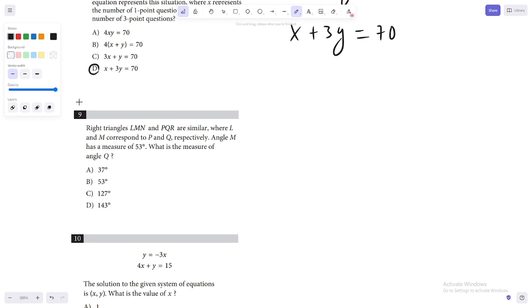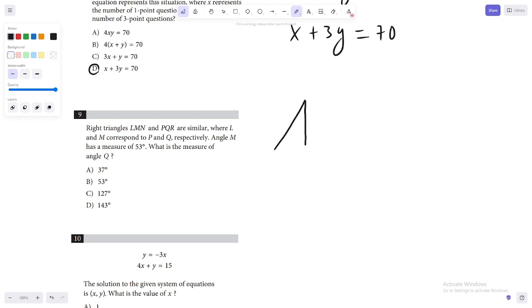The next question. Right triangles LMN and PQR are similar, where L and M correspond to P and Q respectively. Angle M has a measure of 53 degrees. What is the measure of angle Q? Now, let's draw the triangles.